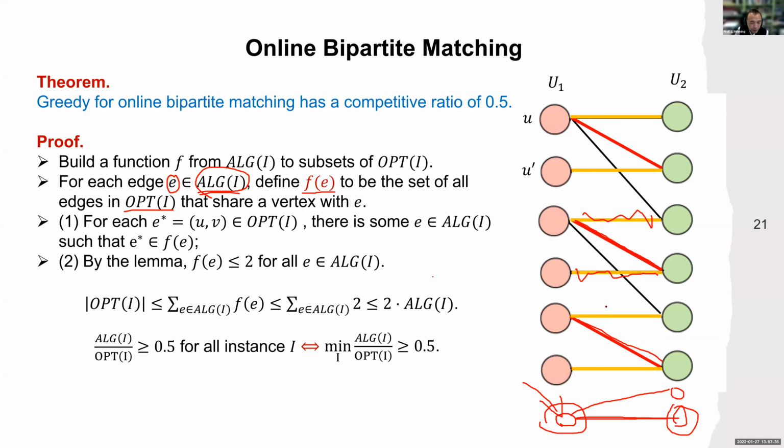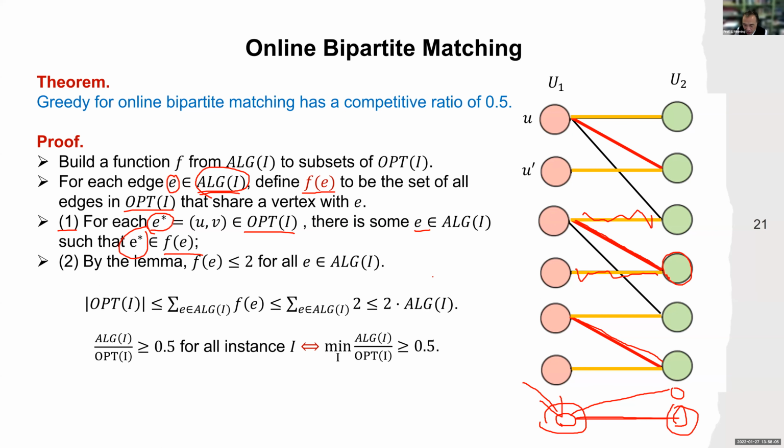Now you see, actually, the first one is very important. It says that for every edge E star in the OPT solution, there is some E such that E star is in F_E. Which means every yellow edge has one red edge connecting to it, or having a common endpoint with it. This is what I explained a bit earlier.